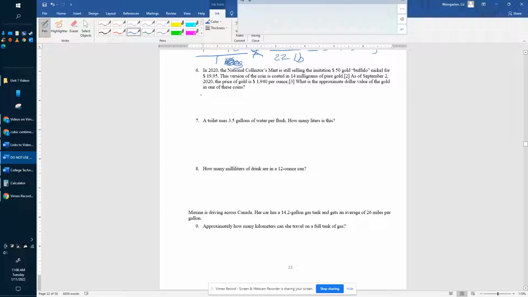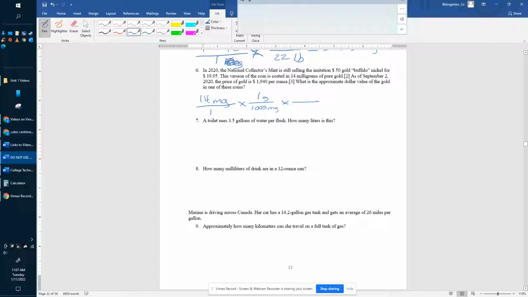14 milligrams over 1. We have to convert milligrams to ounces. We can convert grams to ounces, so we're going to have to convert milligrams to grams first. There are 1,000 milligrams in 1 gram.